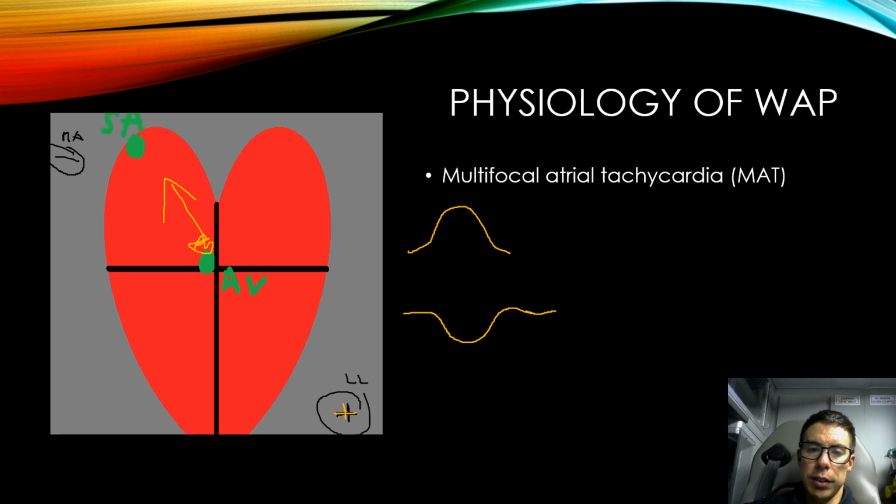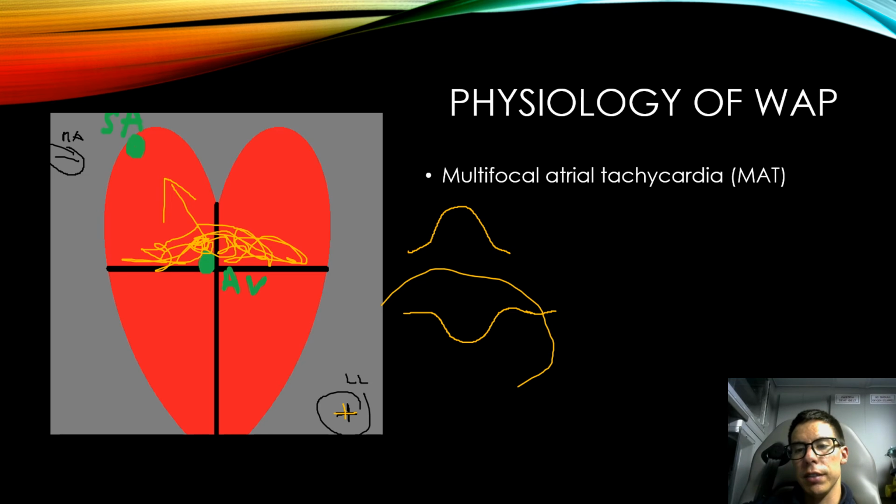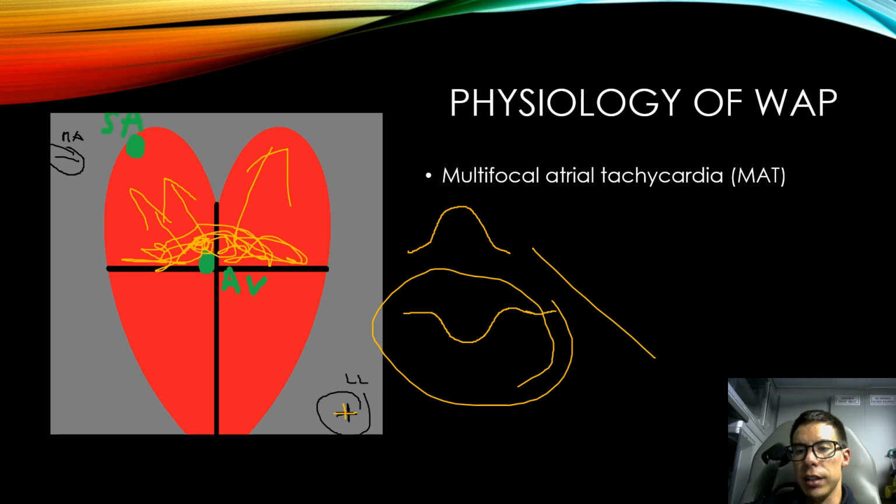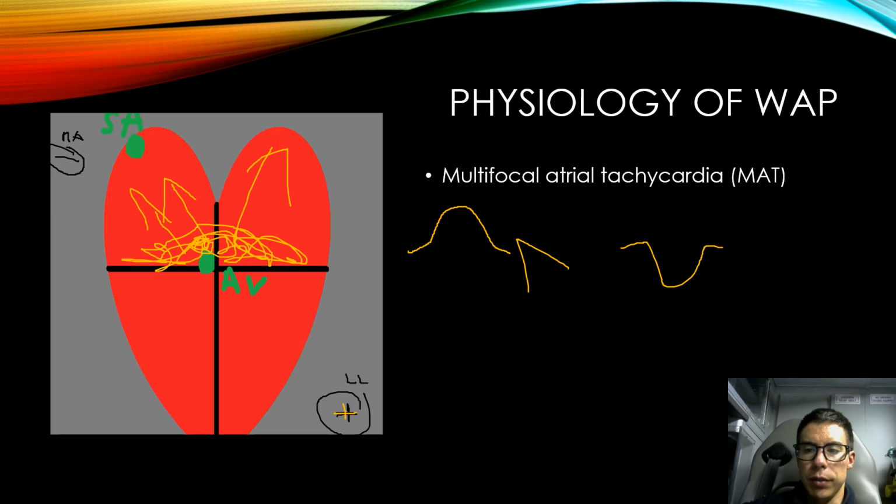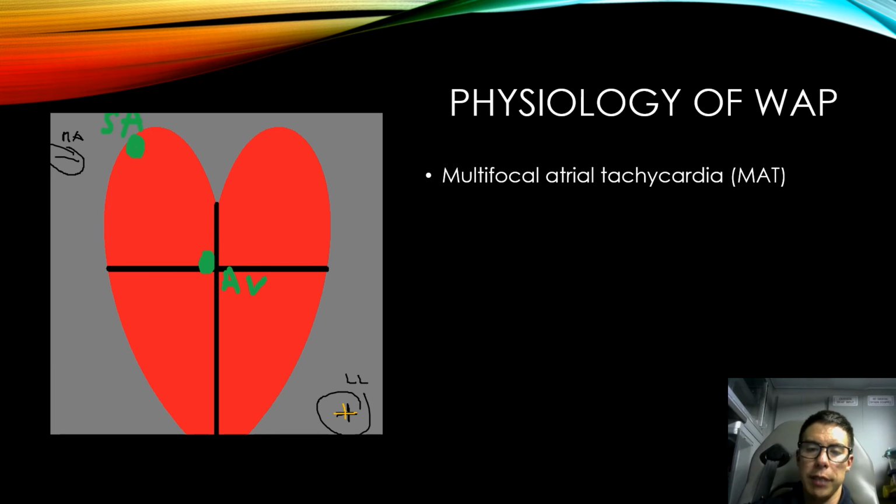That means basically anywhere down in here, that's where they think the impulse is coming from, and the reason they think that is because of this negative deflection. Because when it's low like this, it has to rely on that retrograde conduction to depolarize the atria, which causes a reverse direction of the flow of electricity, which will cause that negative P wave. So if we see negative P waves, that means it's a low atrial pacemaker site.